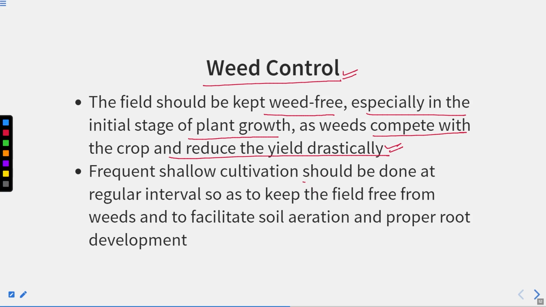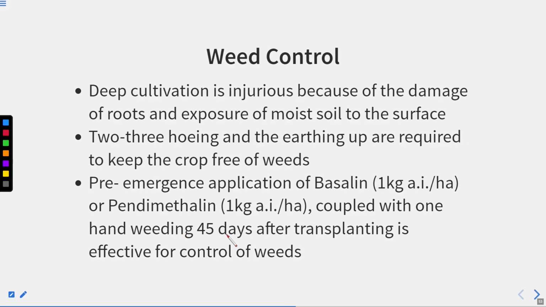Frequent shallow cultivation should be done at regular intervals to keep the field free from weeds and to facilitate soil aeration and proper root development. So shallow cultivation should be done, right? Weeds should be removed properly so that they do not compete for root development and nutrient supply from the soil.